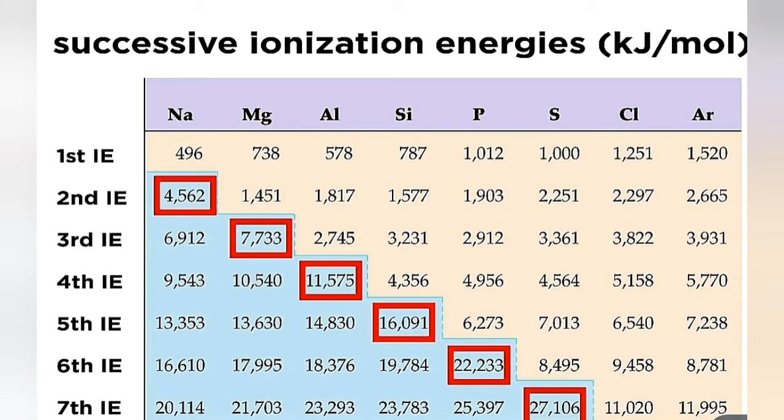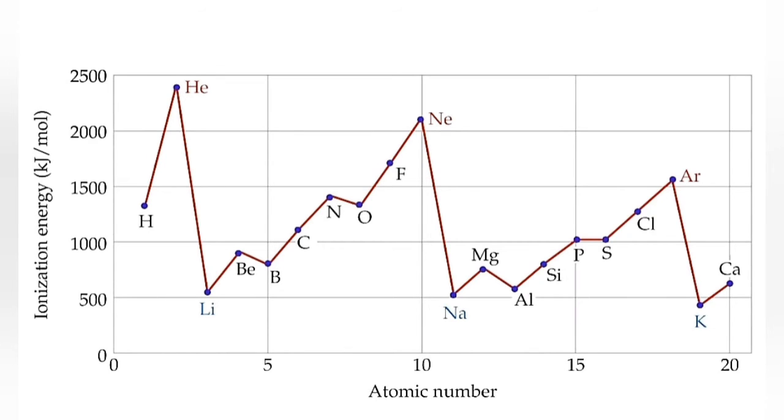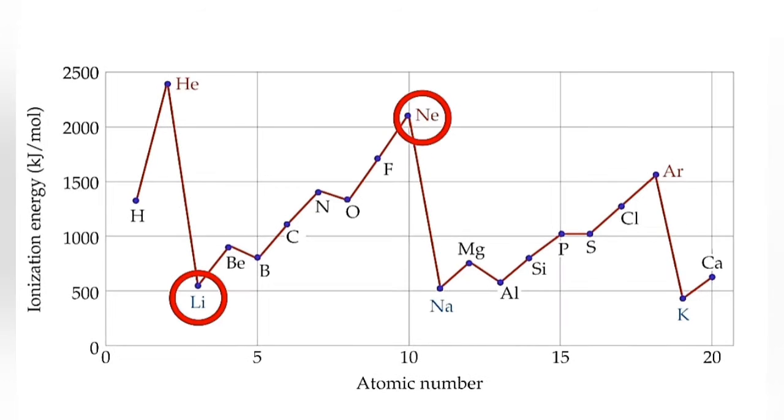There are just a couple of exceptions to the ionization energy trend, but we can rationalize them. Look, for example, at the second row. From lithium to neon, the ionization energy should increase each time we add a proton to the nucleus and the radius contracts a little bit.